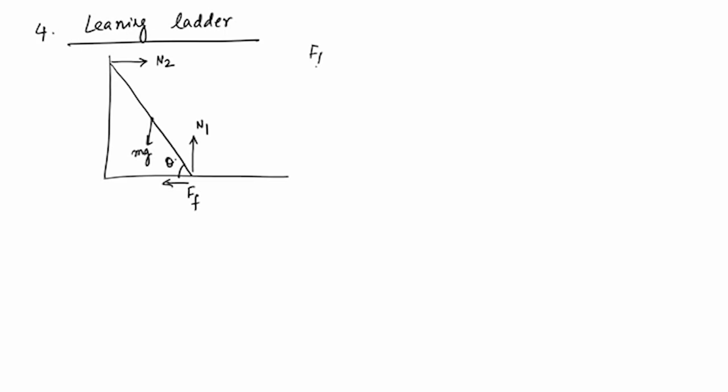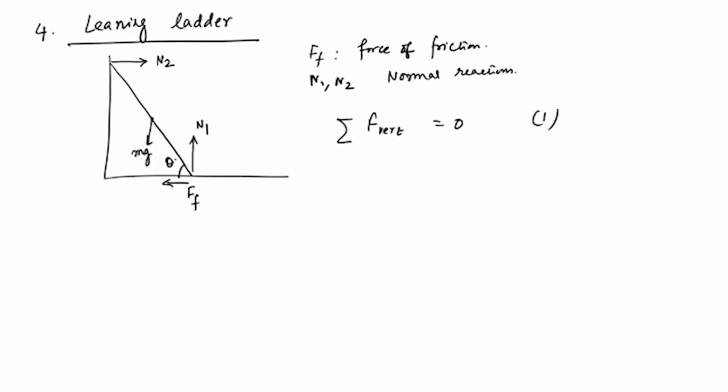So F is the force of friction, and N1 and N2 are normal reactions. So what are the things that we have? If it has to be in equilibrium, there should be no net vertical force. This has to be 0. So this is 1: the sum of all the vertical forces should vanish.